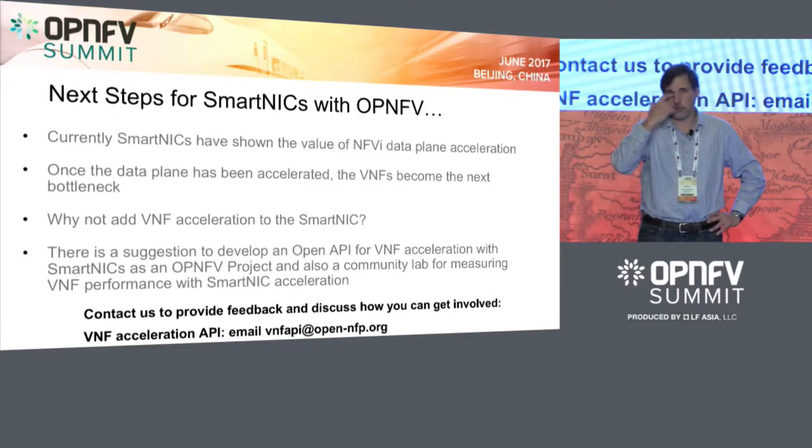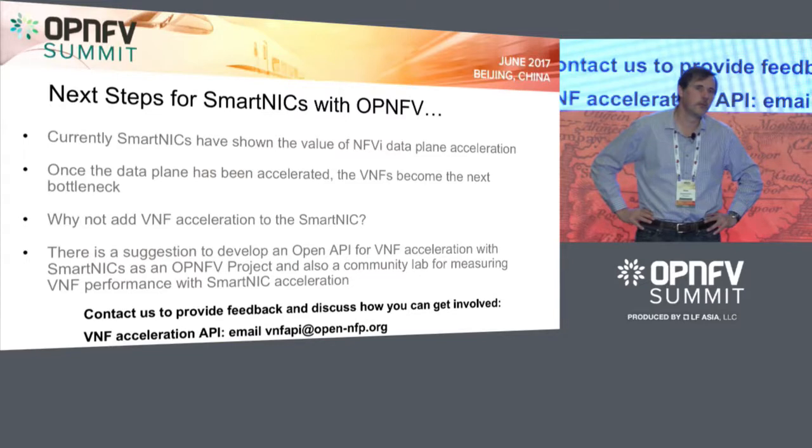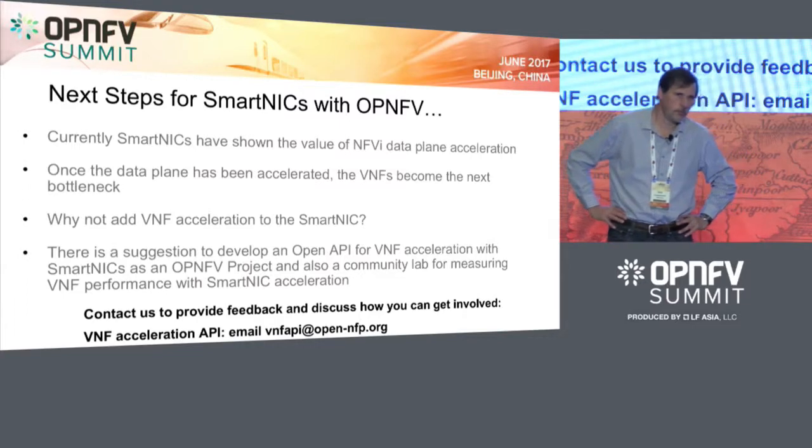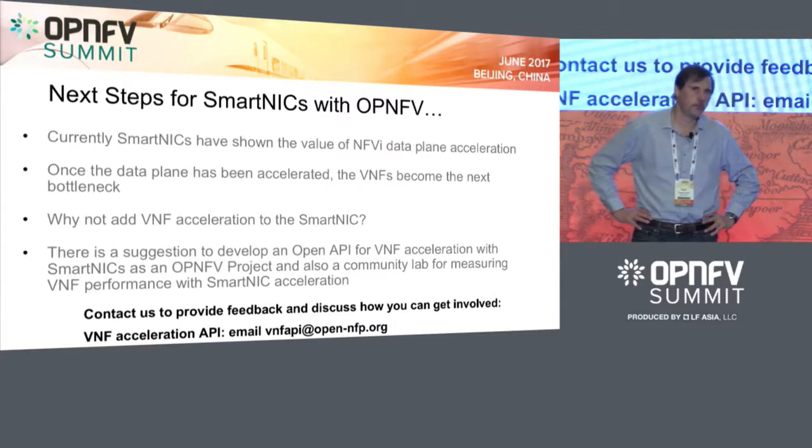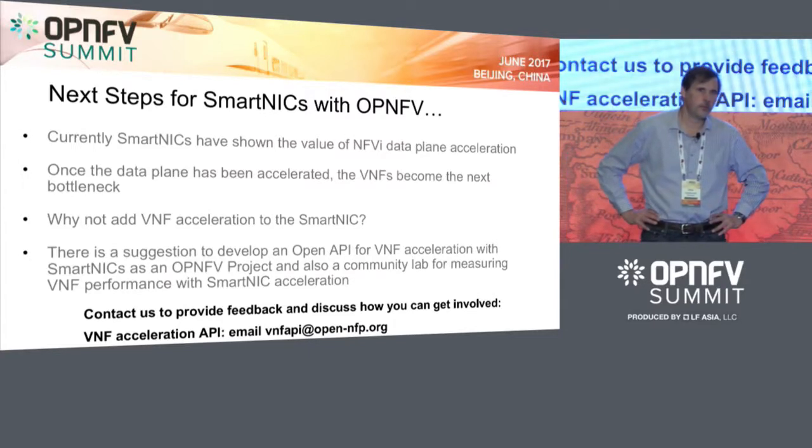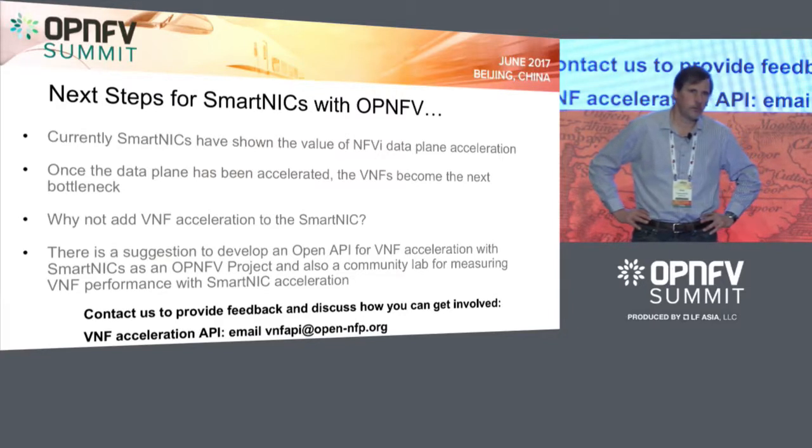But actually, I see that if you do the migration, maybe there would be difficulty because, for example, you have a GDP tunnel, and different kinds of protocol stack are processed in the SmartNIC.